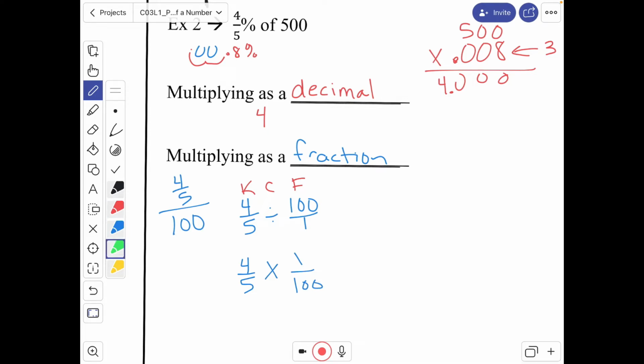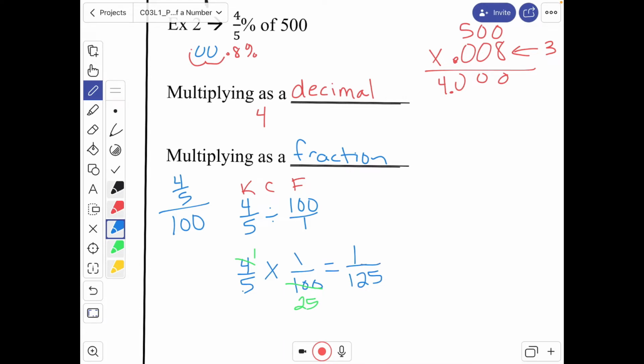Now we need to simplify. 4 and 100 can both be divided by 4. So 4 divided by 4 makes 1. And 100 divided by 4 makes 25. Then straight across, 1 times 1 is 1. 5 times 25 is 125.